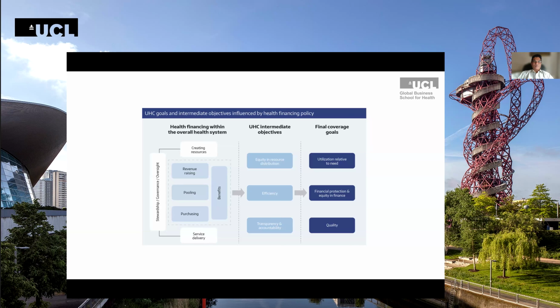So basically what we do is create the revenue, raise the revenue. This is creating the resources, and how we will direct the funds in such a way that they are equally applied to the different areas we want to enhance or improve. So first, you raise the revenue. Revenue is the income generation. Then we pool the different sources of funds together. Then you do the purchasing, an accounting term, in terms of how we provide the delivery, oversight and governance.